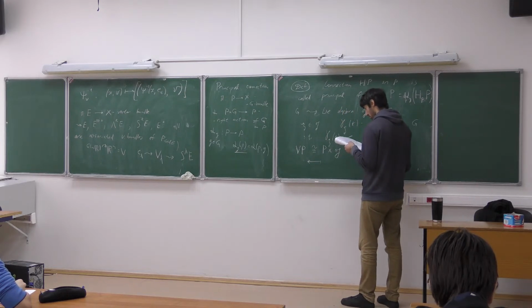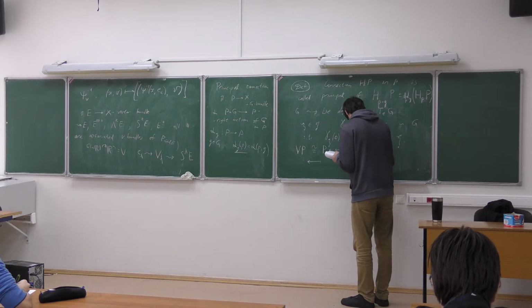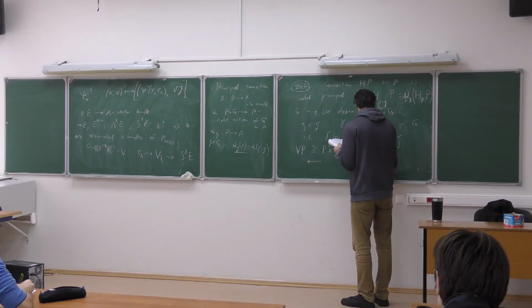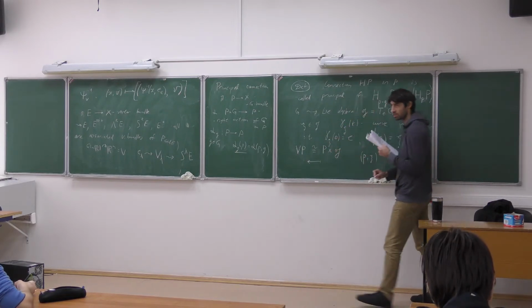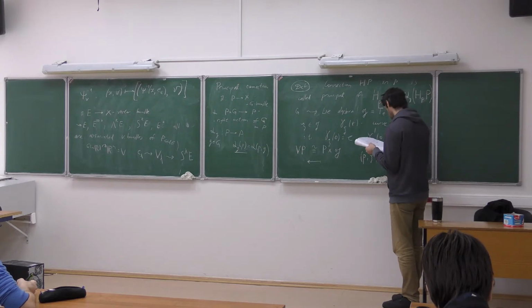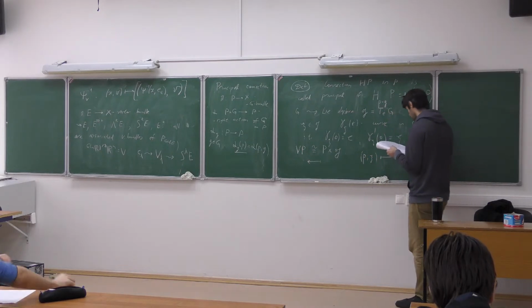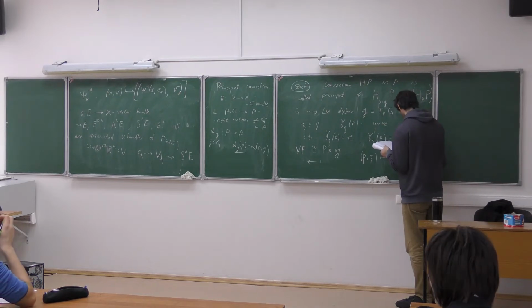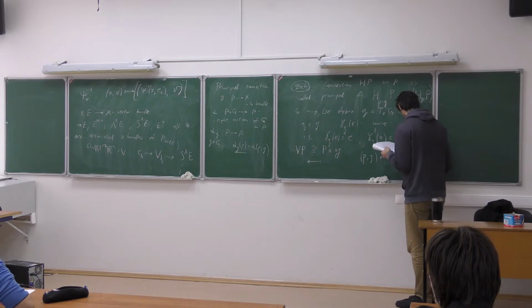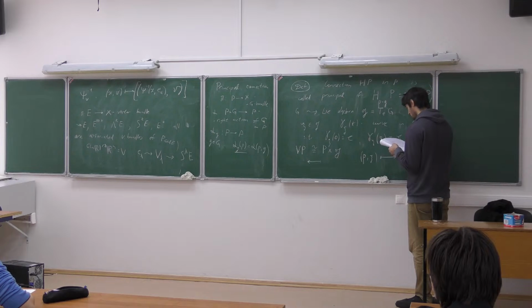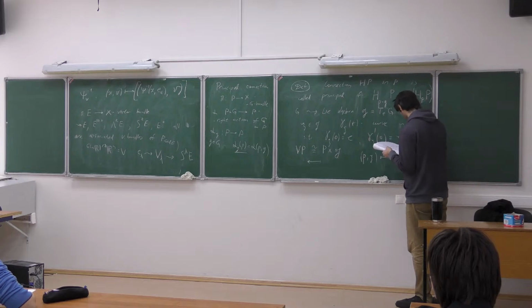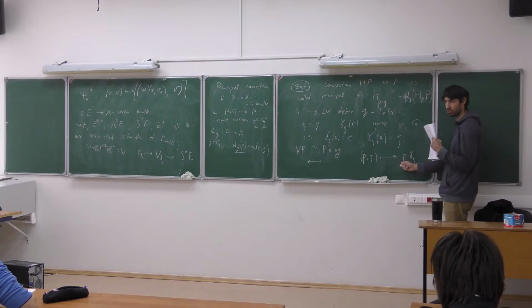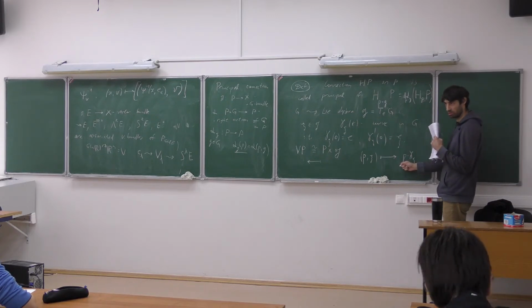So I take a pair, a point p and an element xi in the Lie algebra. And then I consider the following. I will have the curve gamma xi. So this is a curve in G. It can act, so each element of this curve acts from the right on elements of P, right?